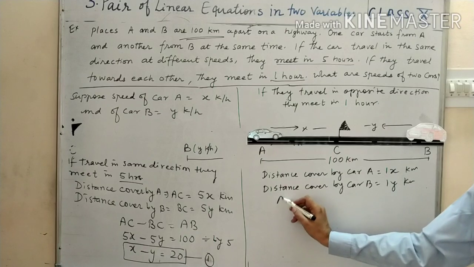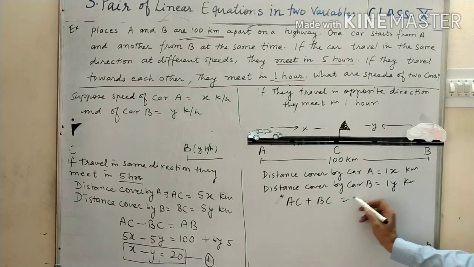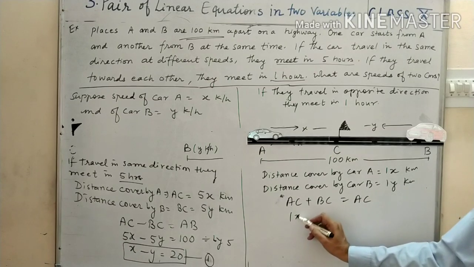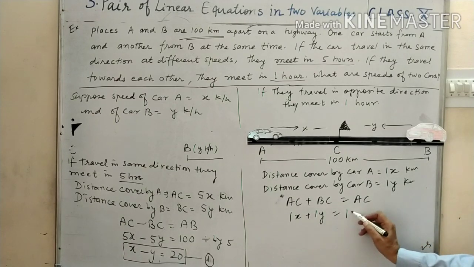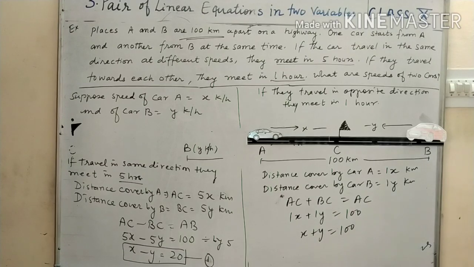So this AB distance you can write as AC plus BC, meaning 1x plus 1y equal to 100. Means x plus y equal to 100. This is equation number 2.